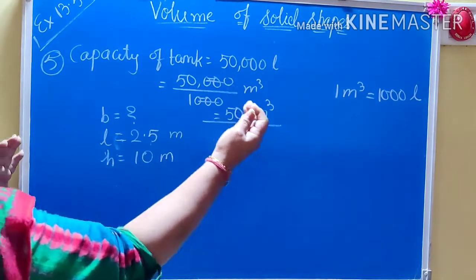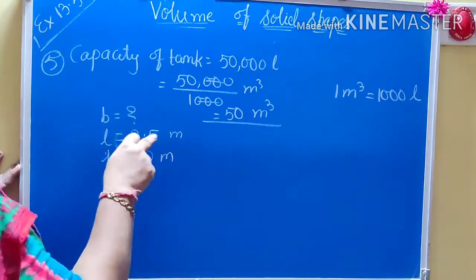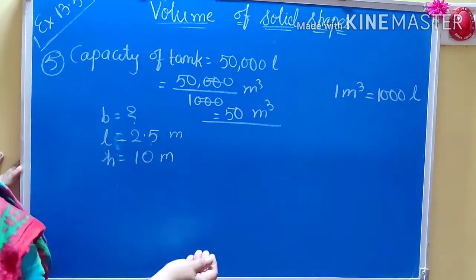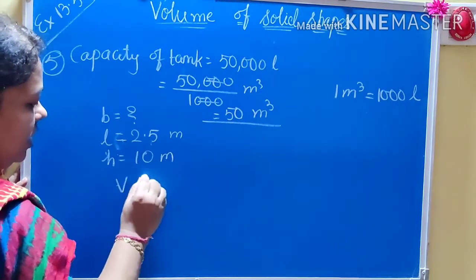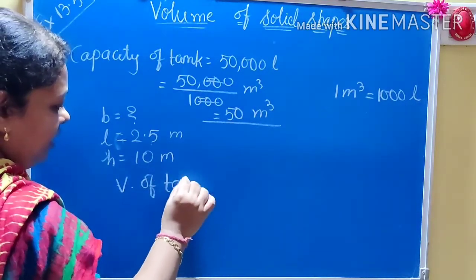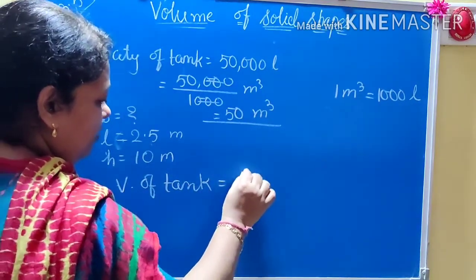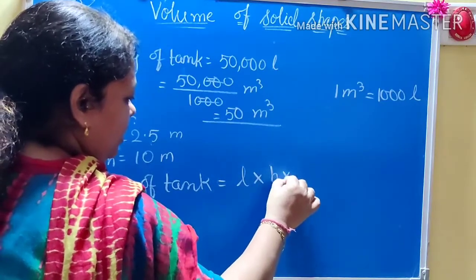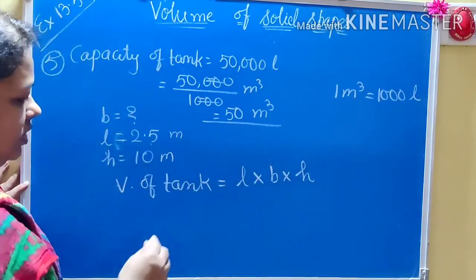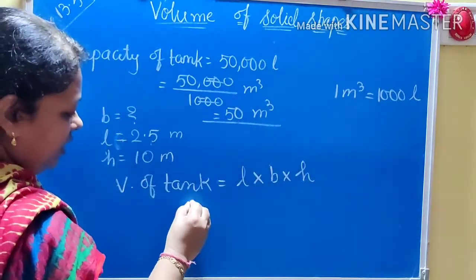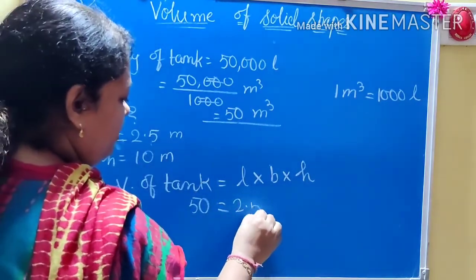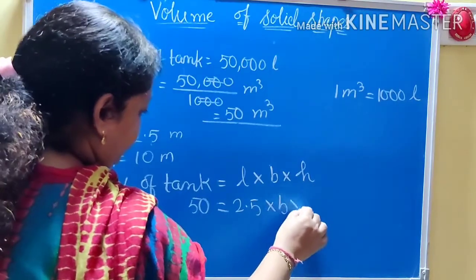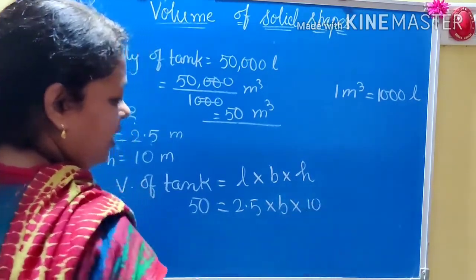Now we will equate that volume with the formula to get the breadth of the tank. The volume of the tank is equal to L into B into H. The volume we got is 50 meter cube, length is 2.5, breadth we have to find, whereas height is given as 10.